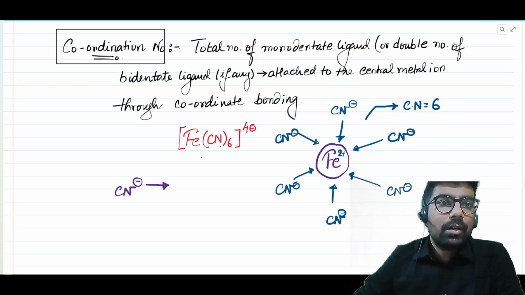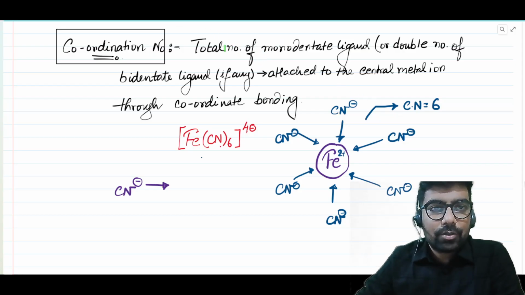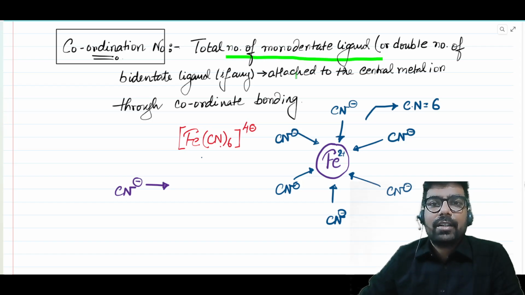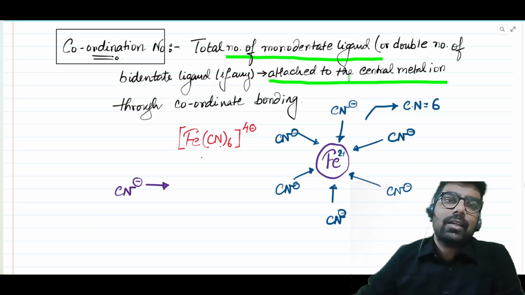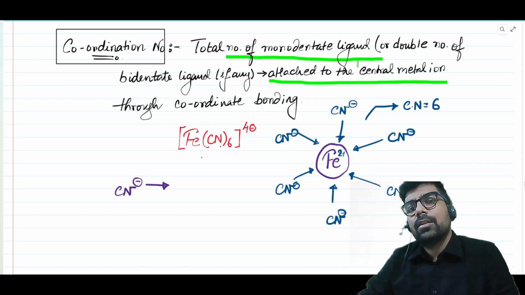So it is the total number of monodentate ligands attached to the central metal ion.